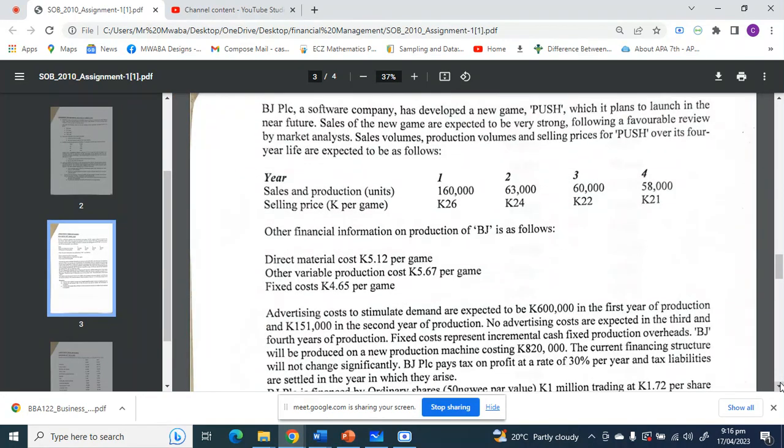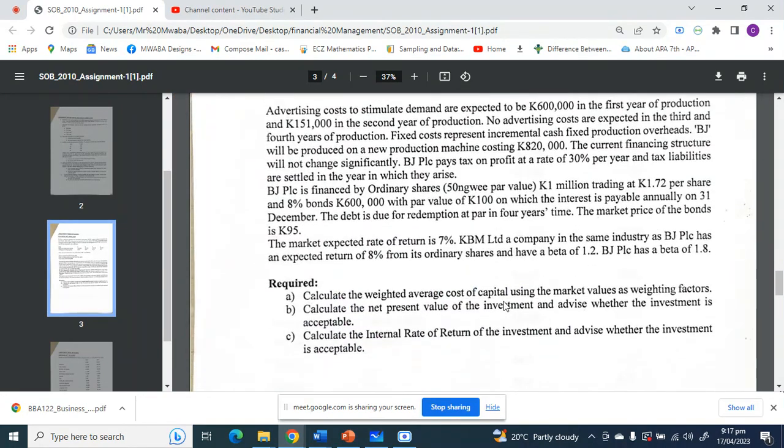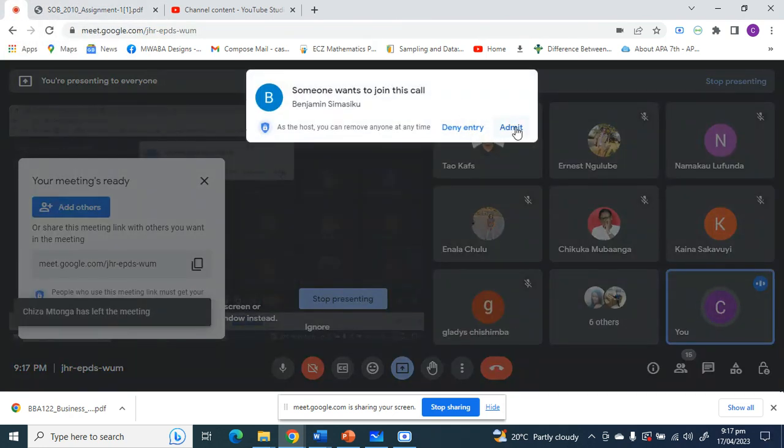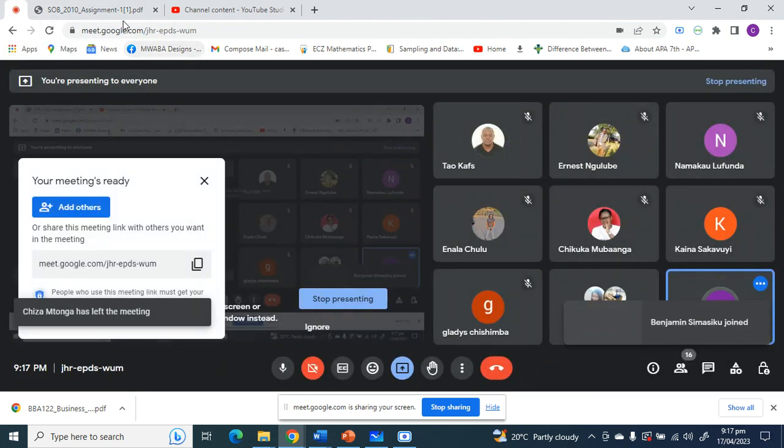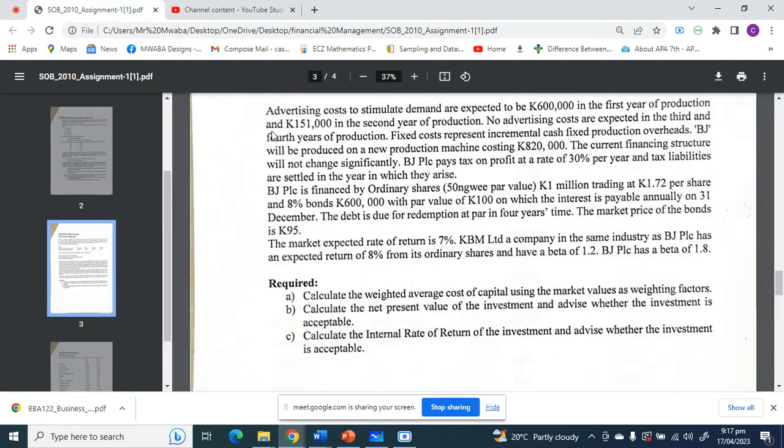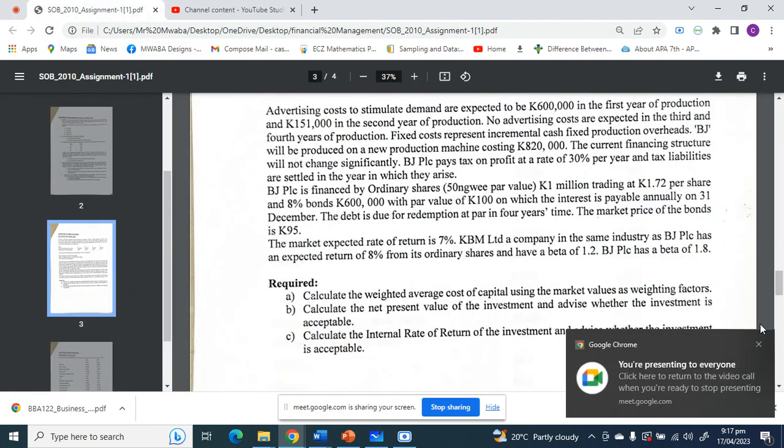We did the first part for tabulating our weighted average cost of capital. So today we'll be looking at part B, where they want us to calculate the net present value of the investment and advise whether the investment is acceptable. This part of the question deals with investment appraisal.